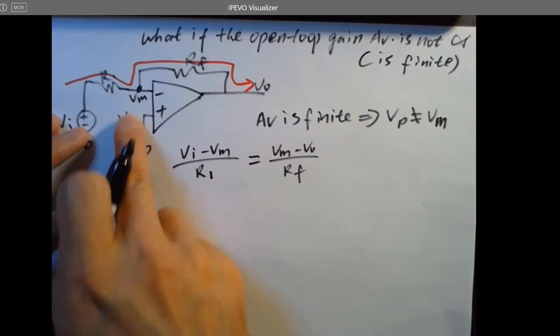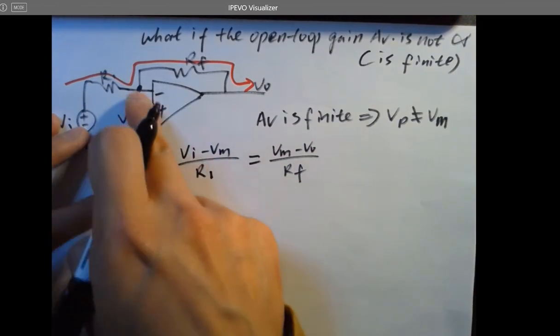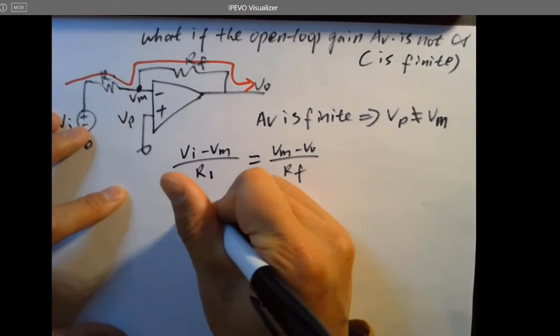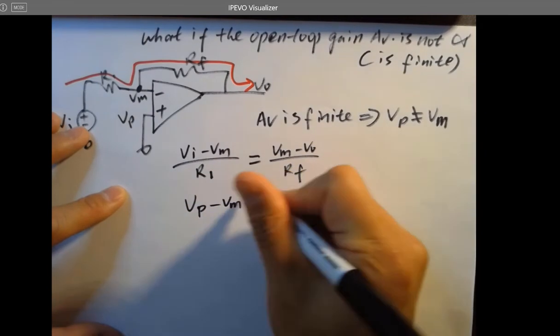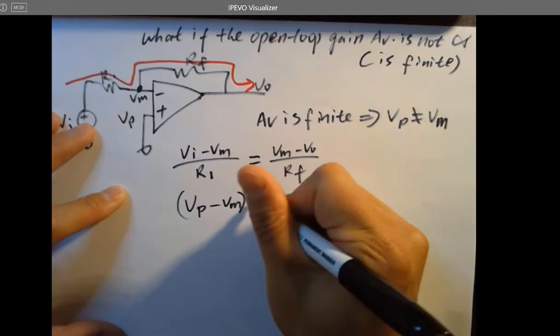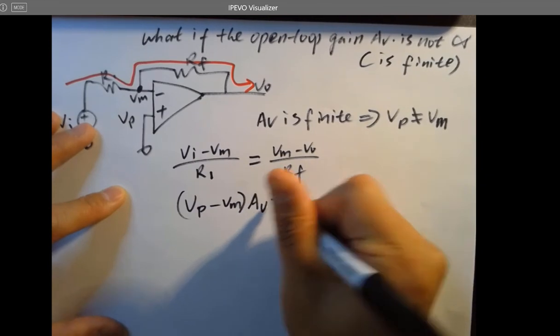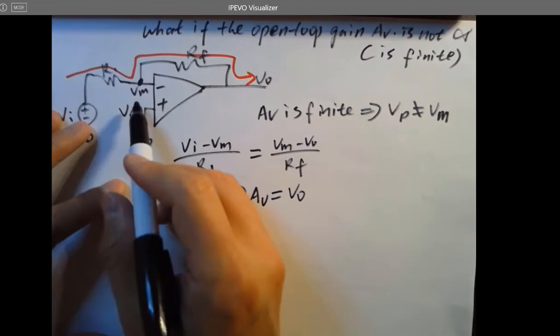And the other one, because we have this open loop gain here, Vm and Vp are not equal, and according to the amplifier's definition, Vo should be Vp minus Vm times A, which is open loop gain, or just called AV, equals Vo. Another thing we know is Vp is 0.